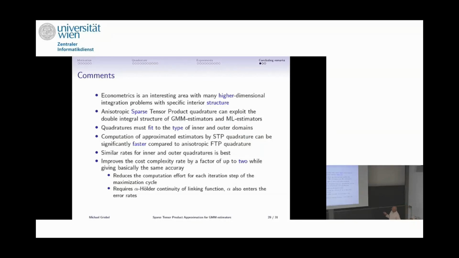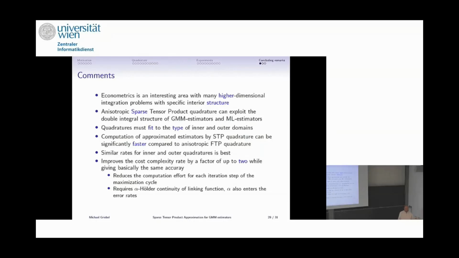Anisotropic sparse tensor products and sparse grids can exploit the double integral structure of these very general estimators and log likelihood as well, which was a special case. Of course, as I said, the quadratures in the two domains must fit the type of inner and outer domain. If you work on hypercubes or unit cubes, then you need a different quadrature than in the whole space and so on.